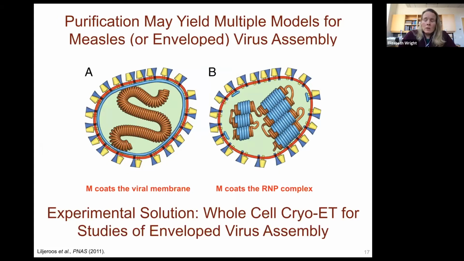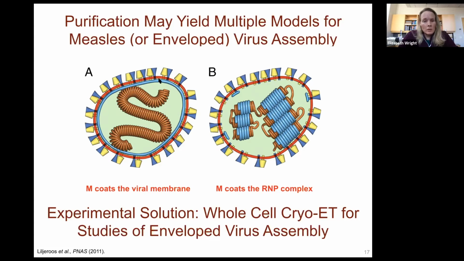So this is a challenge when we do purification, that it may lead us to thinking of hypotheses that are not factual. So are these assembly pathways relevant, i.e. is the assembly pathway where the matrix protein coats the RNP complex the true viable infectious virus particle?